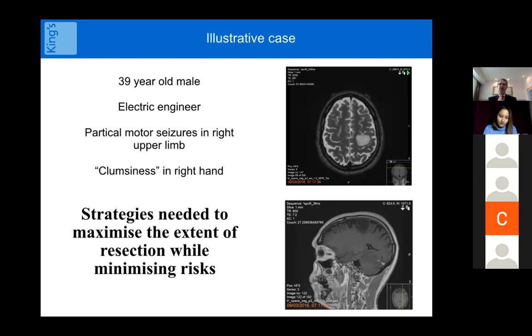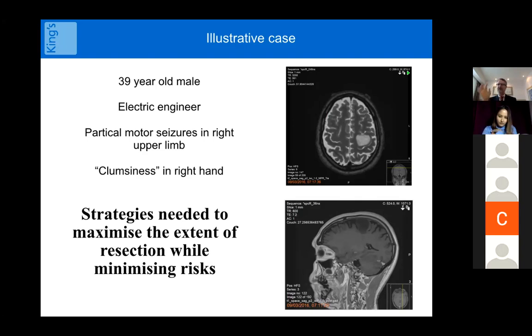So we had, a few years ago, the referral of this 39-year-old gentleman who was an electrical engineer. He presented with a partial motor seizure in his right upper limb, so that is already localizing the lesion in the left hemisphere. And then, over the last weeks preceding the seizure, he noticed some clumsiness in his hand.